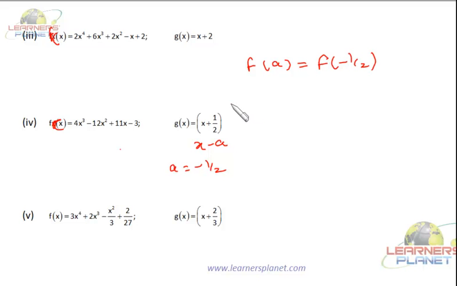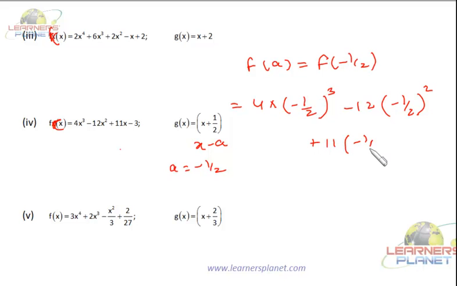So what we will be getting? It's 4 into minus half cube minus 12 into minus half square plus 11 into minus half minus 3. So it's minus of 4 into 1 by 8.